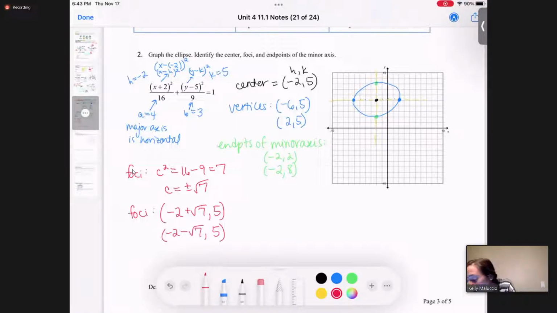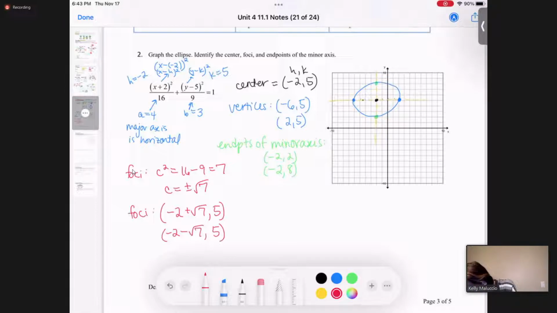And these are where the foci are going to be, right? Square root of 7 is 2 point something, so you also could just go 2 point something distance away from the center point. But you still have to write out what we did.